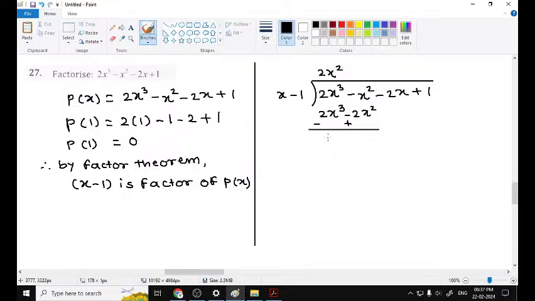2x cube minus 2x cube is 0. Ignore this sign. No number is here, means here we have 1. Signs are different. This is negative, this new sign is positive, so the difference 2 minus 1 is 1, and the bigger number is positive, so the answer is positive. Then minus 2x. Divide this x square by x to get x as our next term in the quotient.